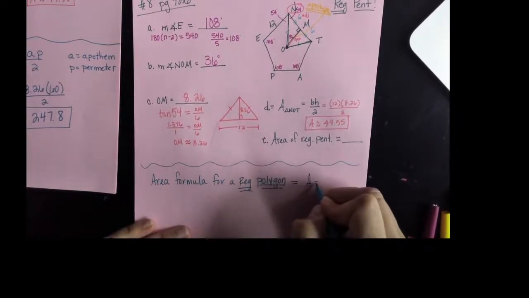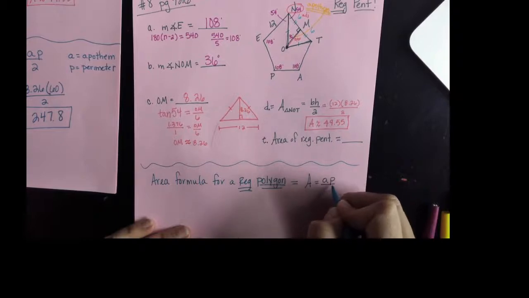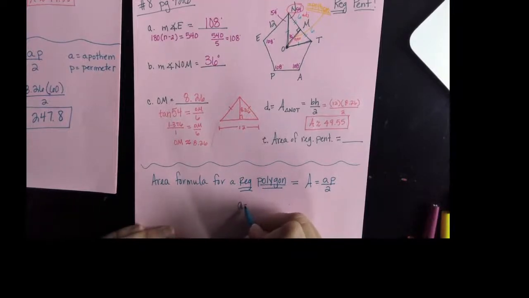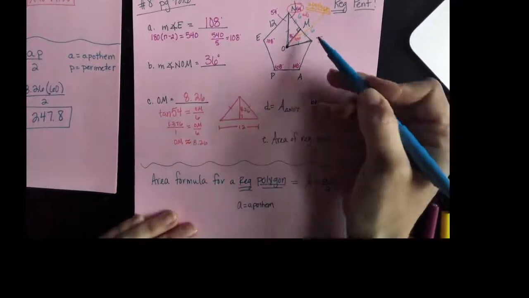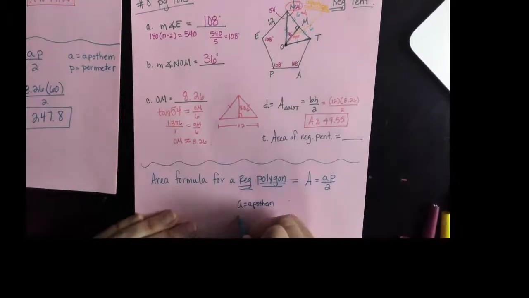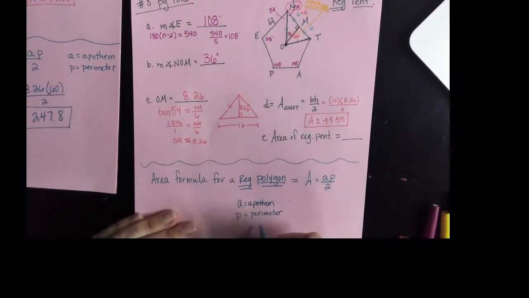It is area equals A times P divided by 2, or 1/2 A times P. A was the apothem, which we now just saw was that altitude of that isosceles triangle, and P is the perimeter of our regular polygon.